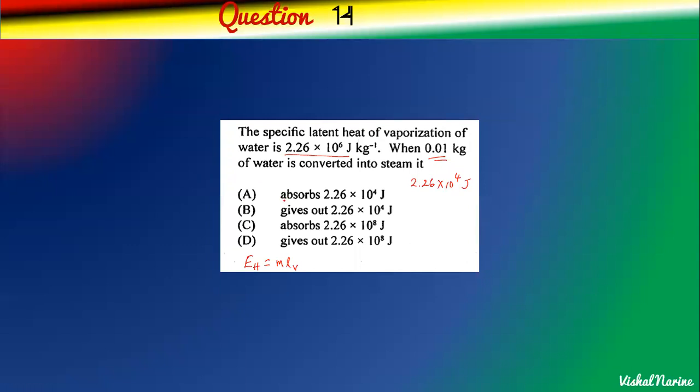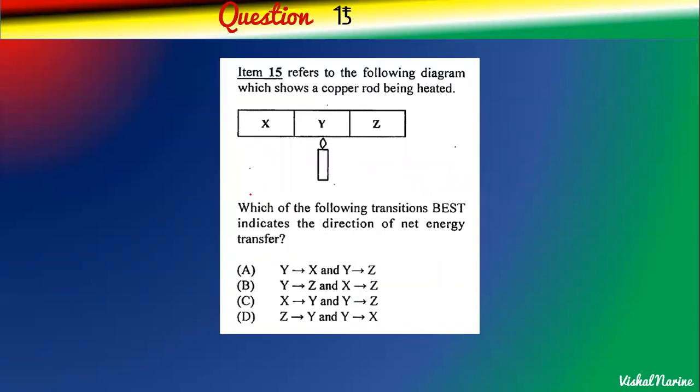So are we absorbing energy or giving out energy during this process? So we look back at what the question is talking about. It is water converted to steam. So in that process, water is going to absorb heat energy to convert to steam. So question 14 is A. Rightfully, I see several persons having A as the answer there. So we go to question 15.